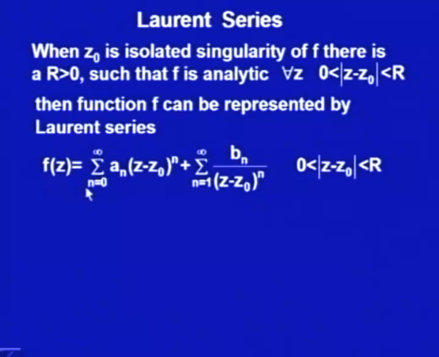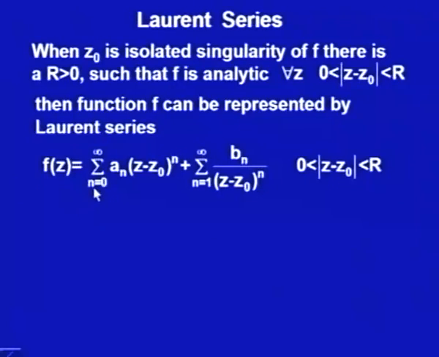Laurent series is that a function f of z can be written as the summation of n running from 0 to infinity a n into z minus z naught to the power n, plus the summation n running from 1 to infinity b n upon z minus z naught to the power n, for all z lying in 0 is less than mod of z minus z naught is less than r, that is in the disk.